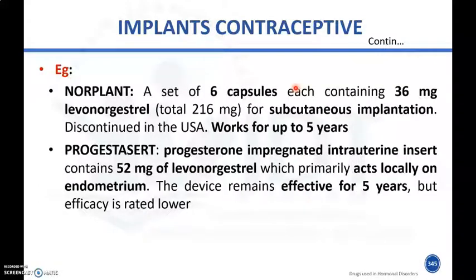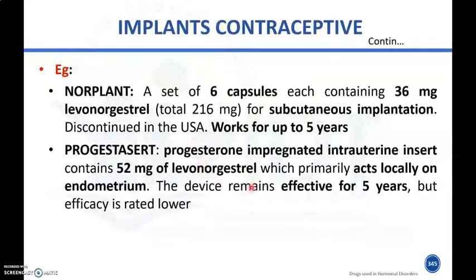Now these are some examples of implant contraceptives. First one is Norplant, which is a set of 6 capsules, each containing 36 milligrams of levonorgestrel, so a total of 216 milligrams of levonorgestrel, implanted subcutaneously, and it can work up to 5 years. But this is discontinued now in USA. Another implant is Progestasert.